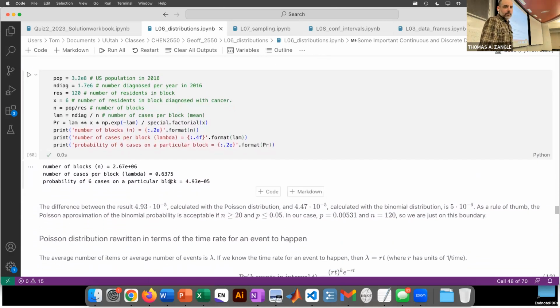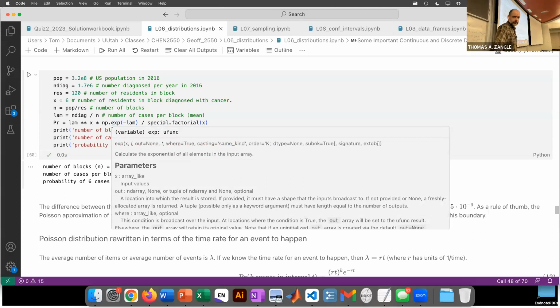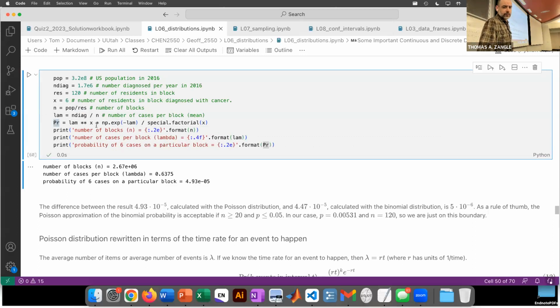This code more or less defines the factors that go into our Poisson distribution as we described above, and then computes the Poisson distribution value for 6 cases.